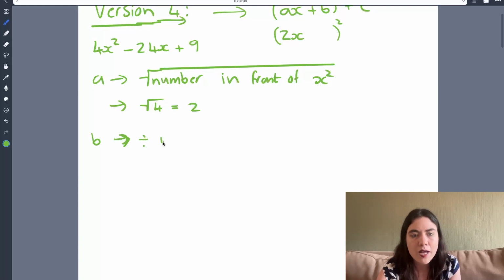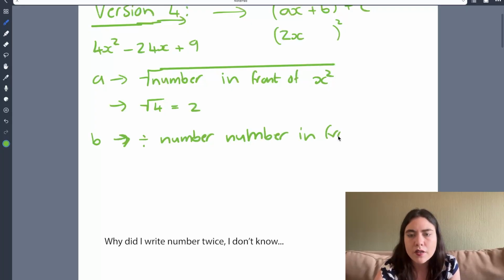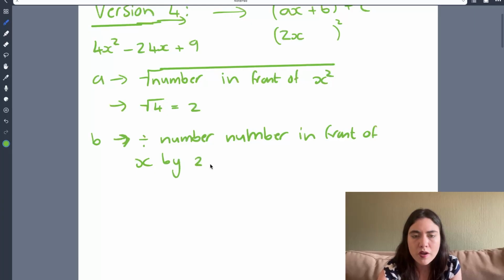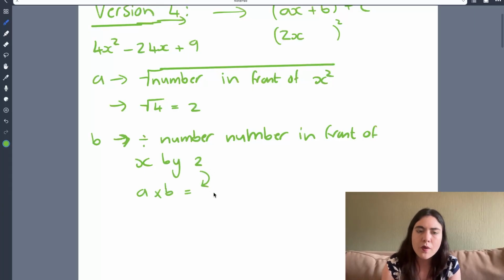So we divide the number in front of x by 2, and then we use the formula a times b equals this number over here. So a being the number we've just found and b being the number we need to find.